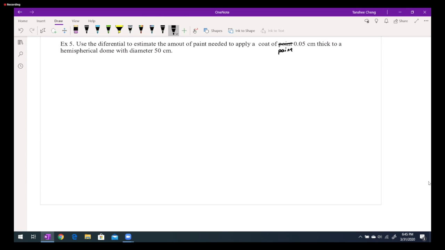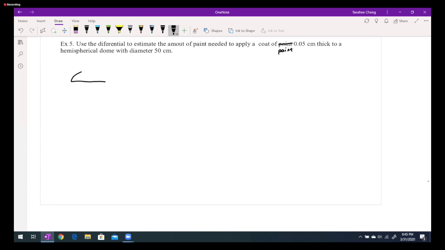So we are trying to estimate the volume of the paint that we need before we even start computing. Here's a picture of what we are looking at.